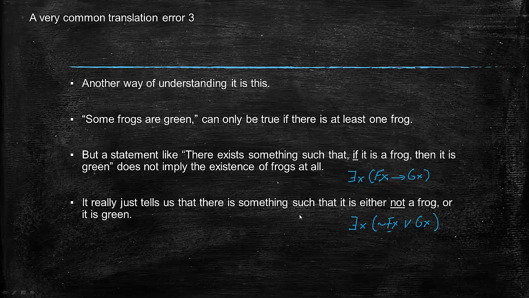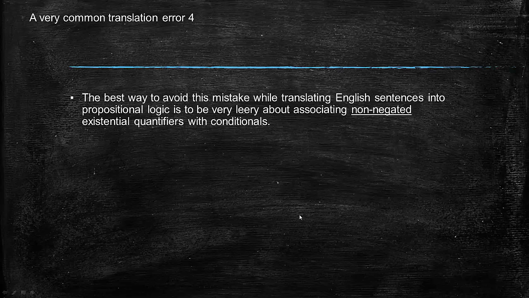So there's a little bit of a long-winded explanation for why this translation is not correct, but you need to pay attention to it because there are so many ways to do this and therefore to do it incorrectly. So the best way really to avoid this mistake while translating English sentences, and we'll do a fair amount of this, is to be very leery about associating non-negated quantifiers with conditionals.